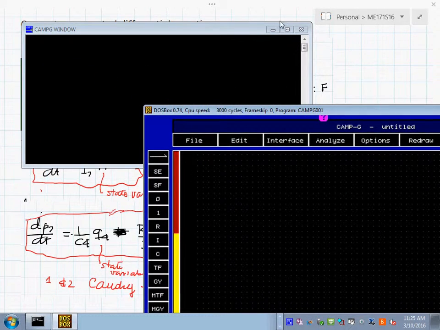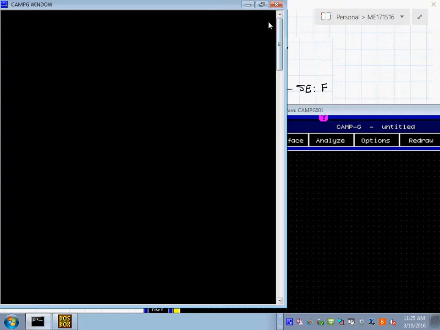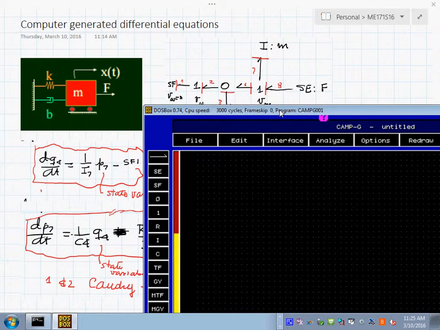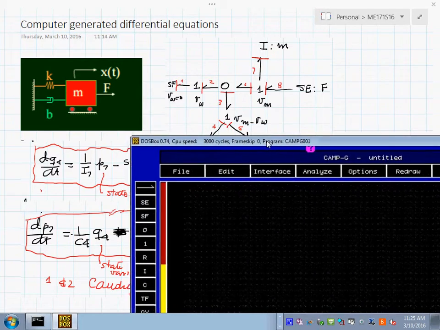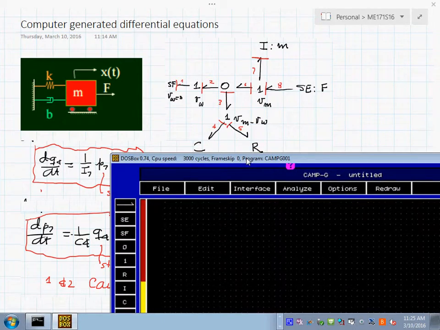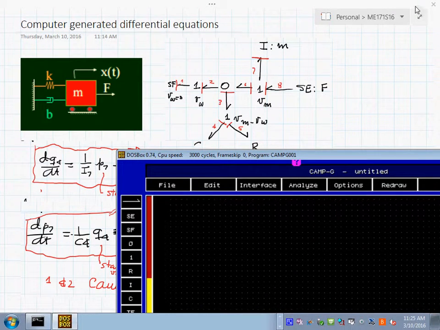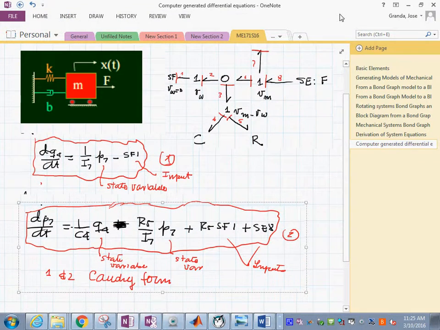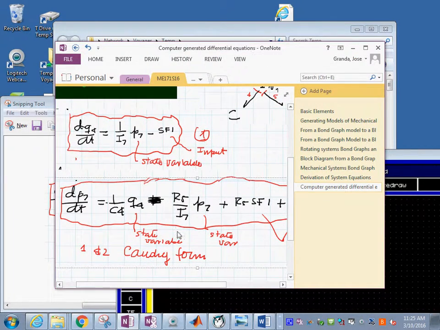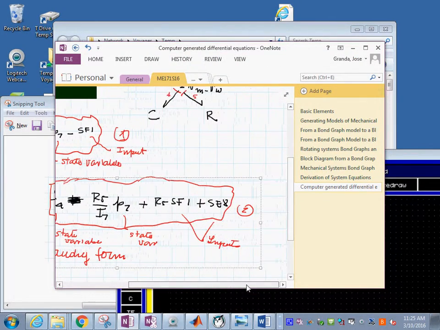Maybe we'll move it in such a way that we only have the bond graph view in one window, and we have CAMPG on the other one. So let's just go over here, and we're going to put it just there in the corner. This way we can see it really well.